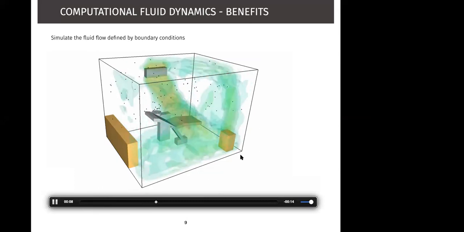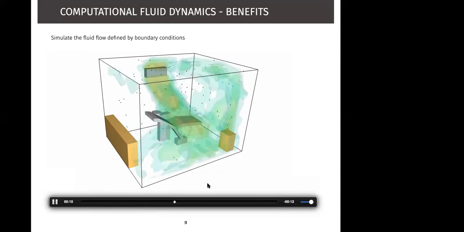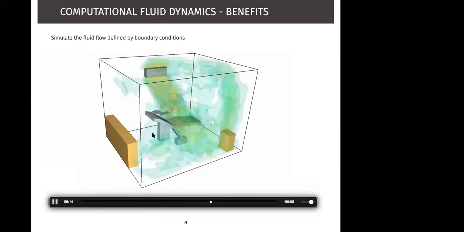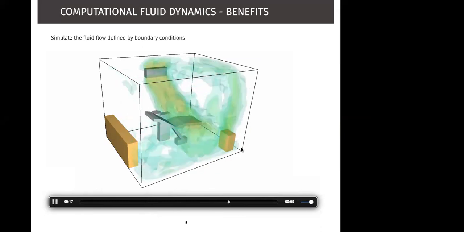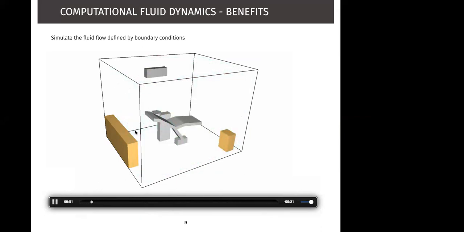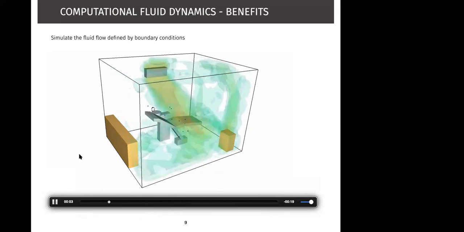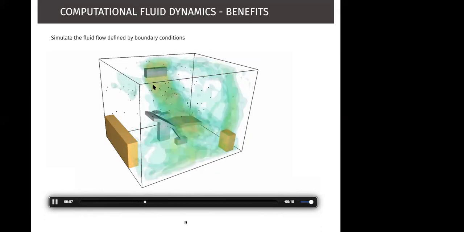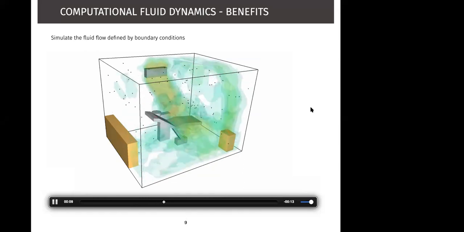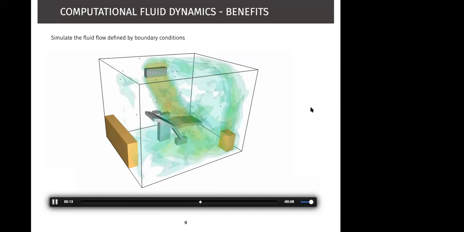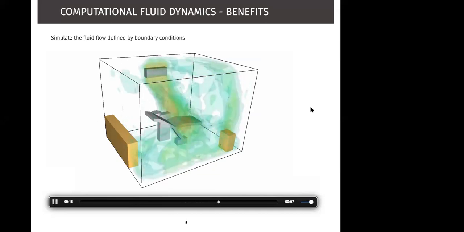This particular simulation is for a dentist chair, where you see the aerosols flying around the system. There is an air purifier at the edge of the room, and there is an air conditioning system which is on. You can see that the aerosols which start to move around are being sucked into the air purifier and removed from the system. So these are certain things that you can do to understand fluid flow and how it is working.